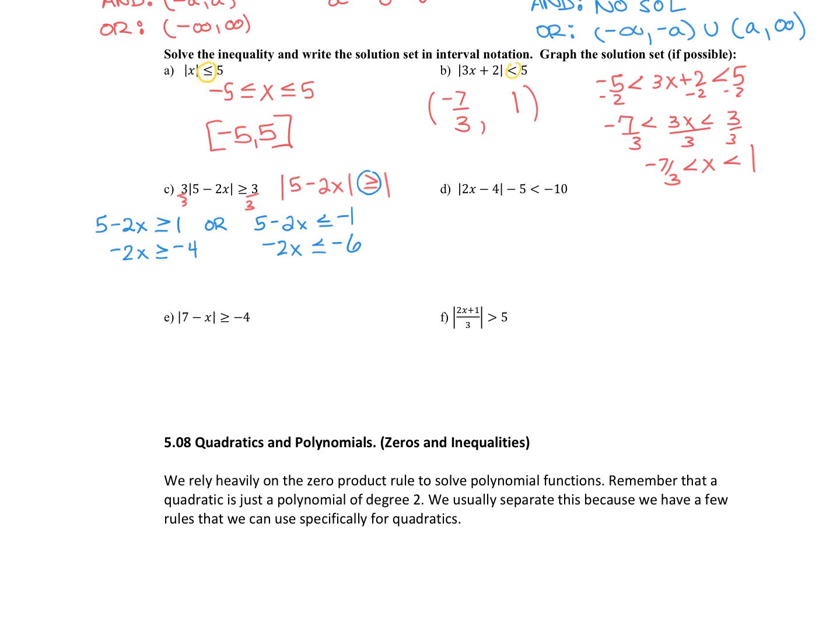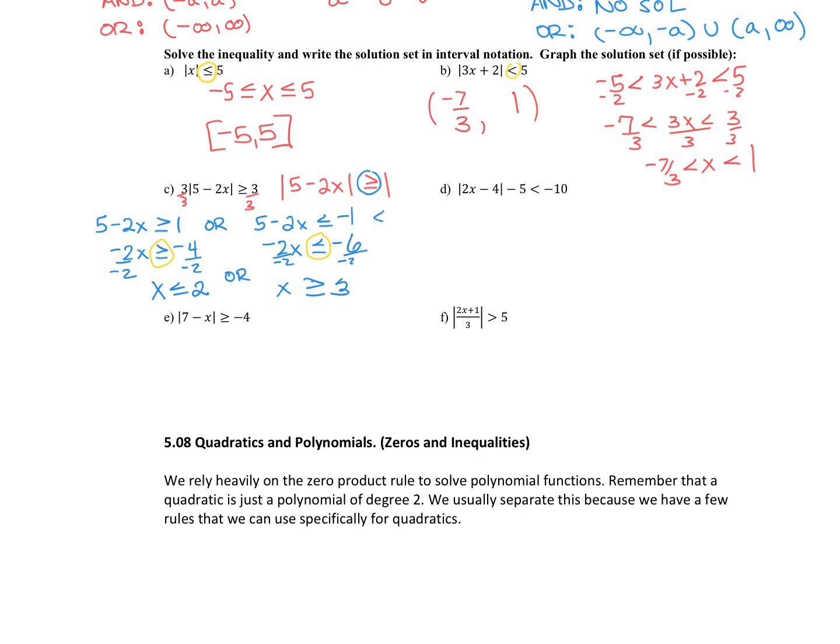Now, one thing that we haven't talked about yet is when we divide by a negative, which we're about to do here, we have to switch the direction of the sign. So this gives me x is less than or equal to 2, or x is greater than or equal to 3.